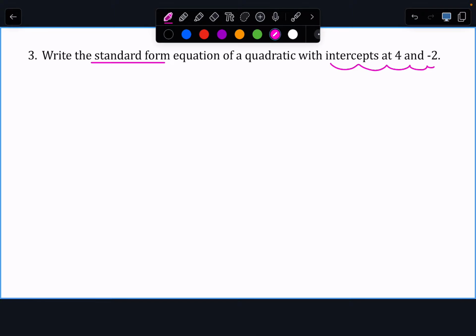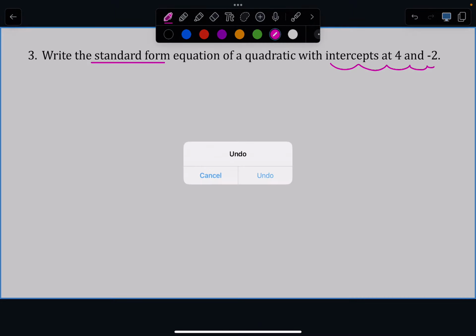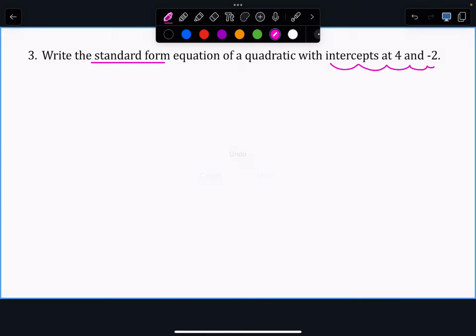All right, what are your thoughts? How am I going to get y equals ax squared plus bx plus c if we know our two intercepts? How are we going to do that?